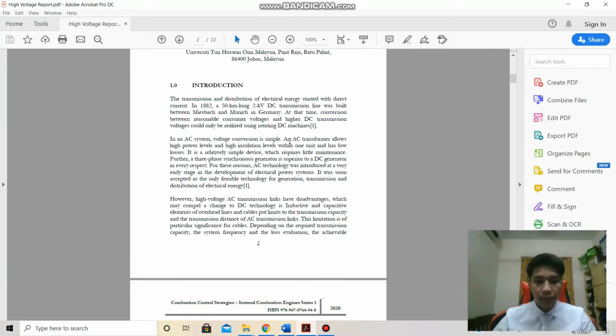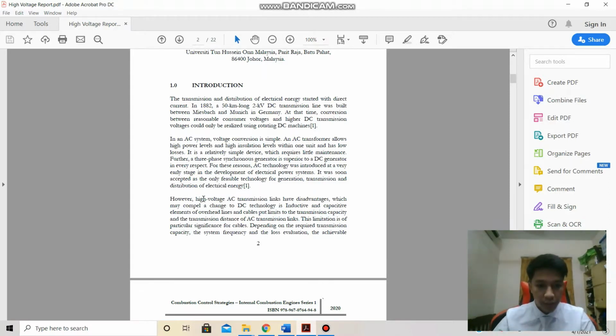As a comparison, the AC transformer voltage conversion is simple and allows high power level and high insulation level with one unit and has low losses.